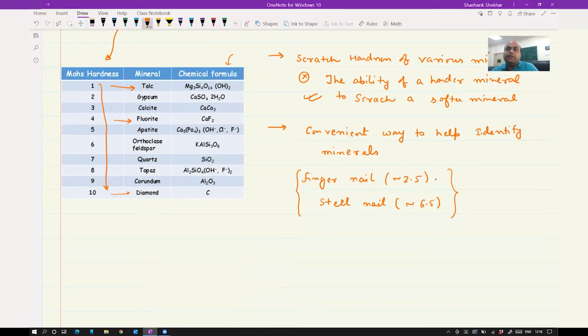So basically you can use some common objects for which you know the hardness, and then you can figure out what the Mohs hardness of an unknown mineral could be. This is very important for mineralogists. They use this type of hardness a lot. So this is one type of hardness, which is Mohs hardness, or scratch hardness.